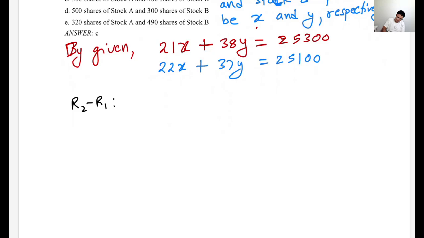By the way, that's your R1 and that's your R2. So when I do R2 minus R1, it's going to give me 22x minus 21x, 37y minus 38y, equals negative 200. Isn't that a better equation?